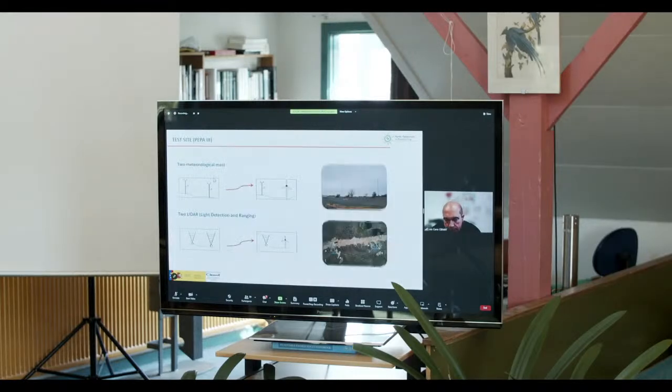Well, the test site is called PIPA 3, that is in our facility.